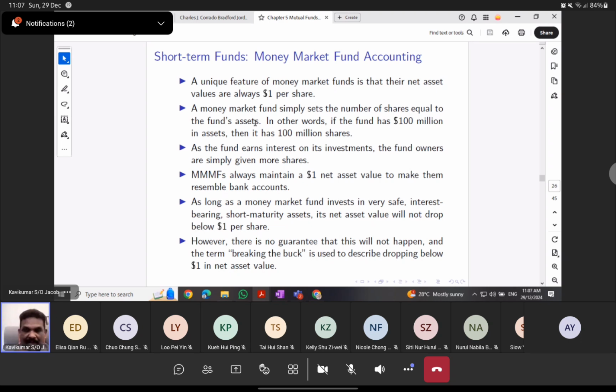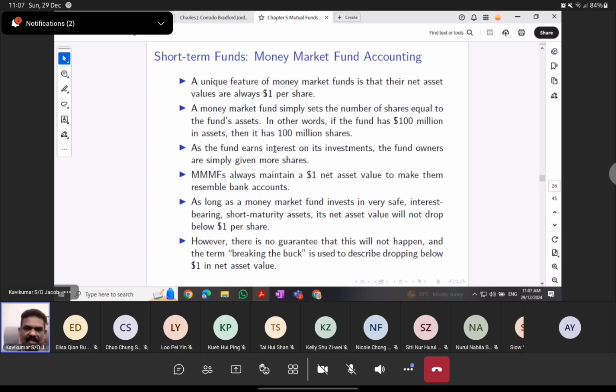In other words, if the fund has 100 million in assets, then they will sell 100 million shares. It depends on what assets they have. If they have 200 million in assets, then they will make it 200 million shares.